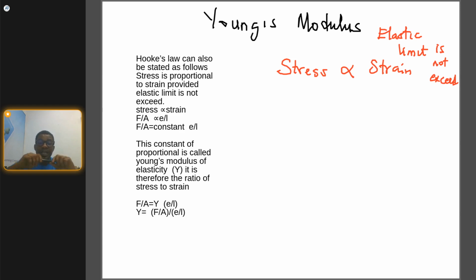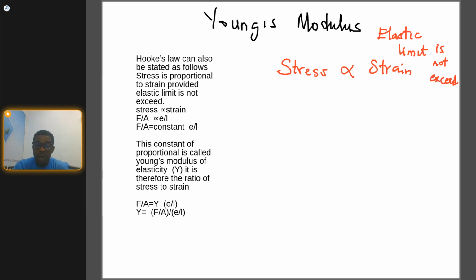You know, there's a limit at which you can have a stress. You can stretch a material, and it will get to a moment that it is not going to stretch anymore. That means the elastic limit has been exceeded. If you stretch a material continually, let's take the rubber band that you use. When you stretch it, it will get to a moment that it will not stretch anymore. So when you force it, it will just cut.